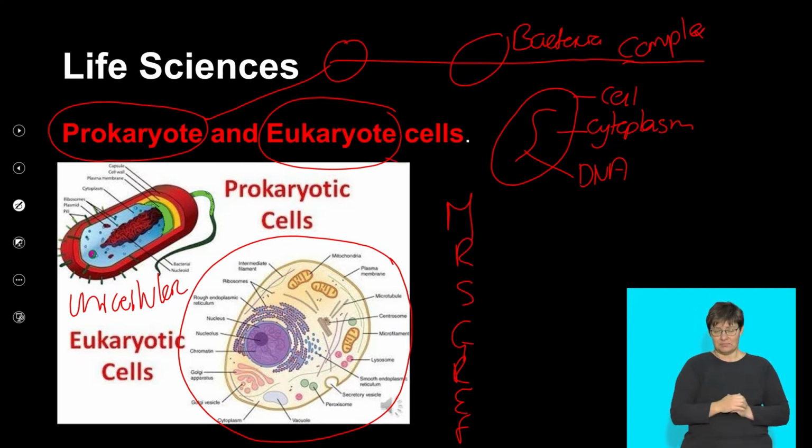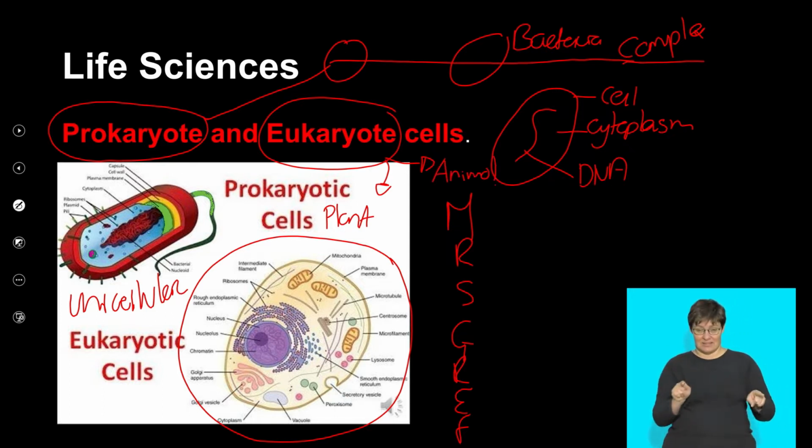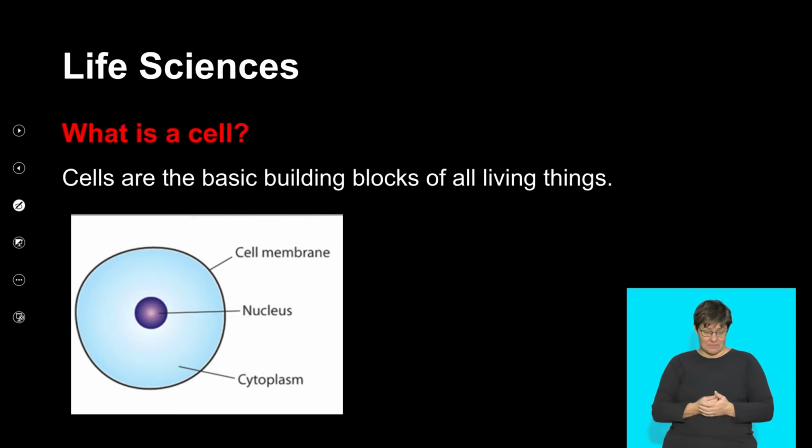Now, when we look at the eukaryotic cell, we are going to divide that cell into a plant cell and an animal cell. And remember, guys, you must be able to tell the difference between a plant cell and an animal cell.